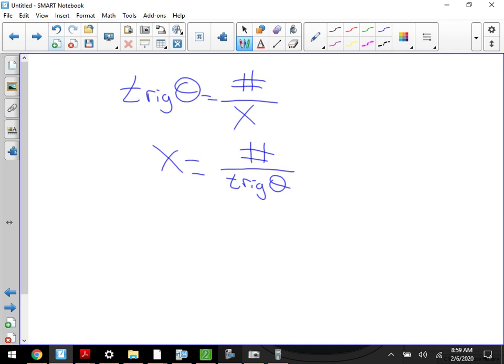For number 11, I have 55.85. Number 12, I've got 33.15. Let me know if you aren't getting it. We'll go through it. Number 13, 31.97.